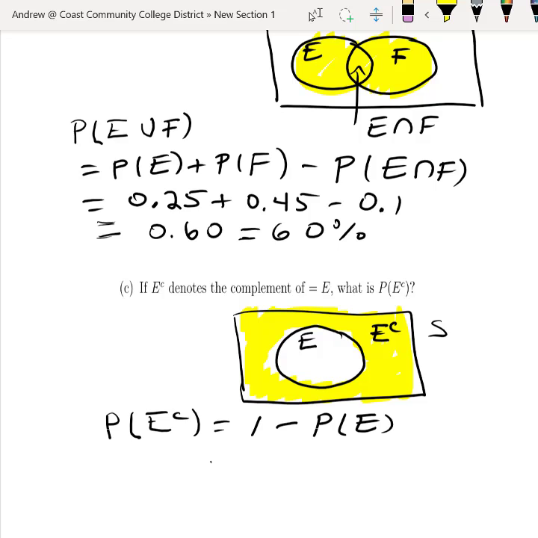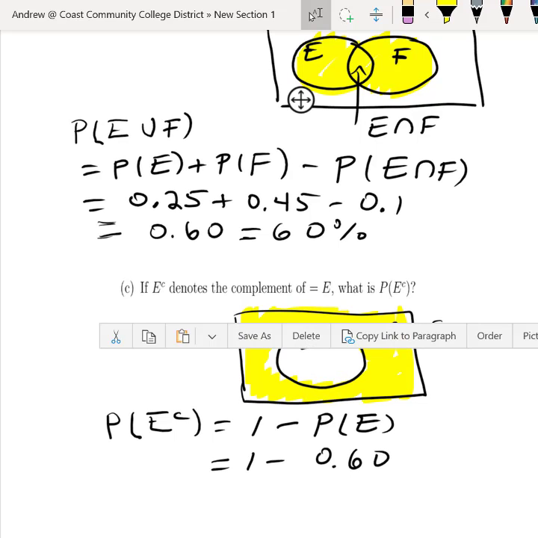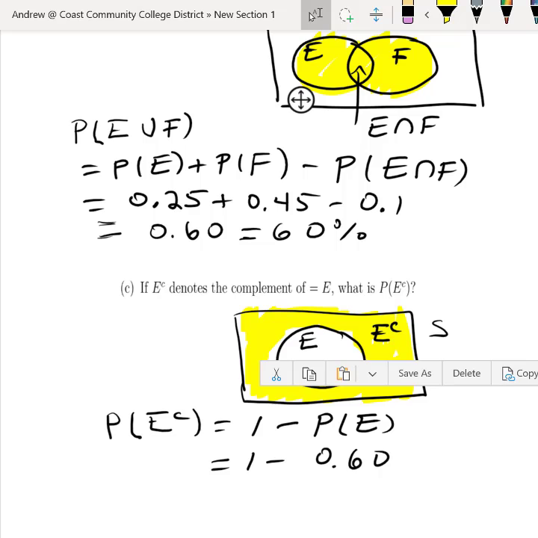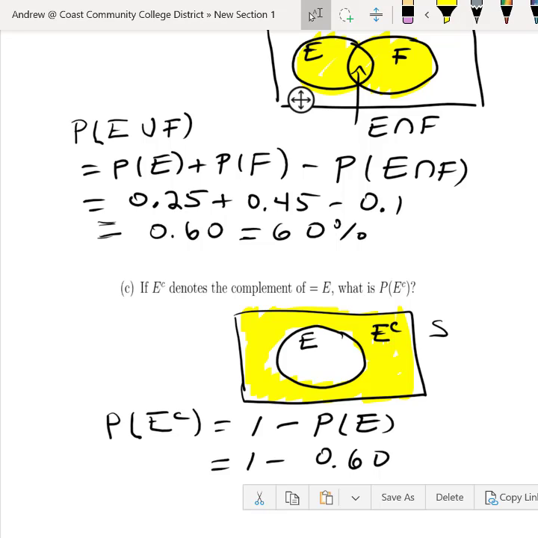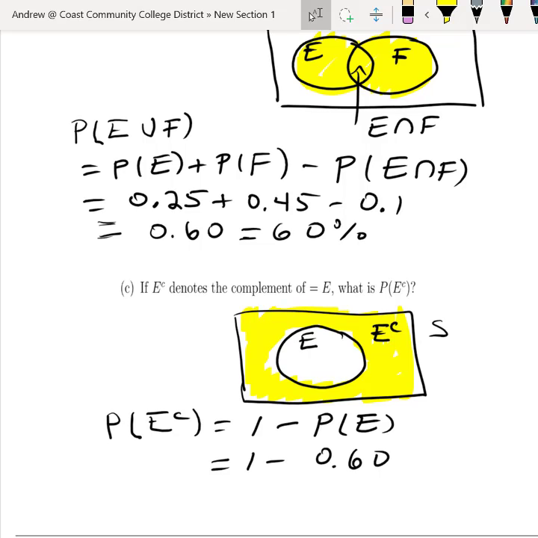So E has probability 0.60. If the chances of E happening are 60%, then the chances of E not happening are 1 minus 60%, which is 40%.